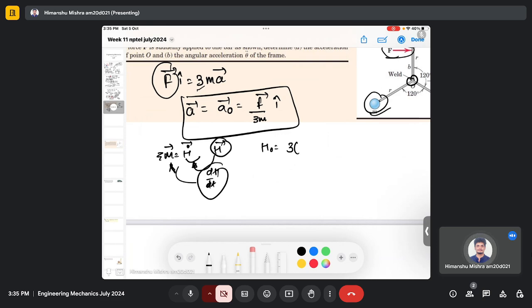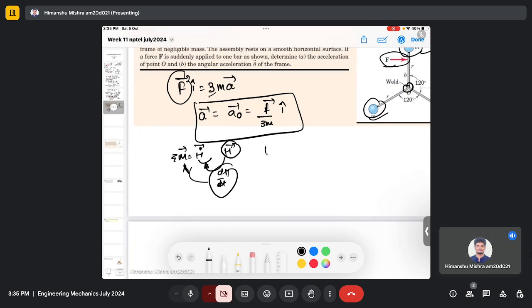We discussed that the angular momentum can be defined as r cross m r dot. This is my angular momentum, but in scalar form I can write h equals r mv.